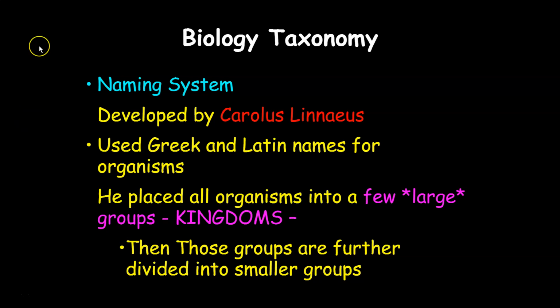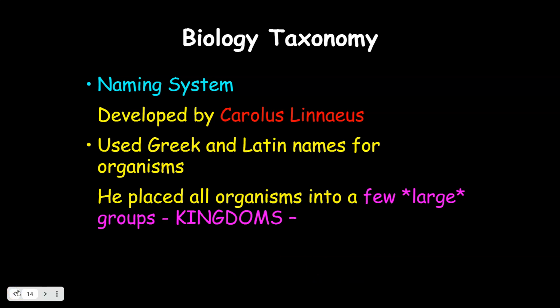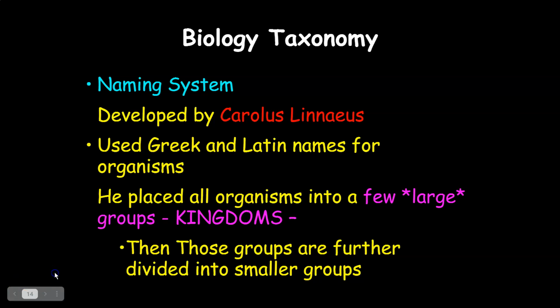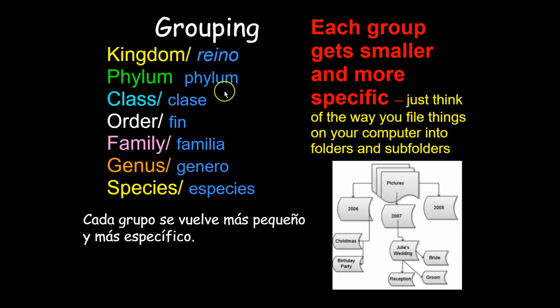Sorry about that. Let me go back. Yeah. So they're further subdivided. Here we are. Sorry about that. Each group gets smaller and more specific as we go through this. So like, just think of how you file stuff on your computer. You'd put it in one file.